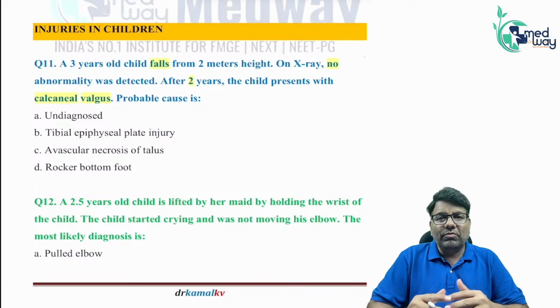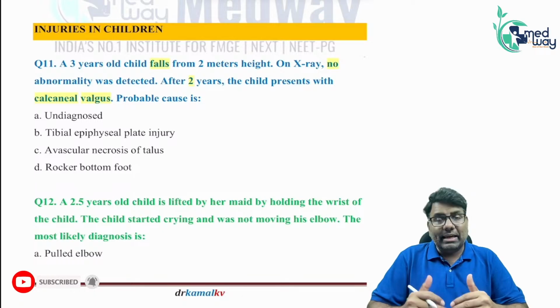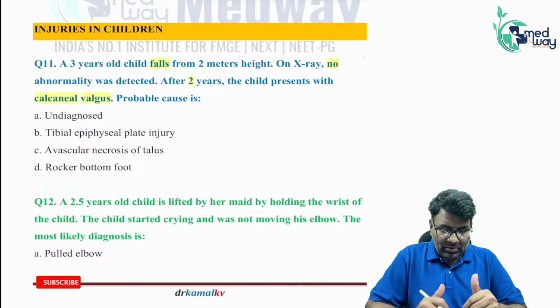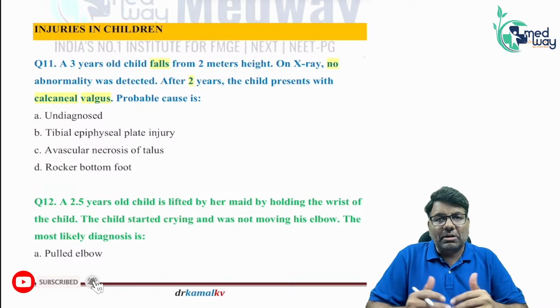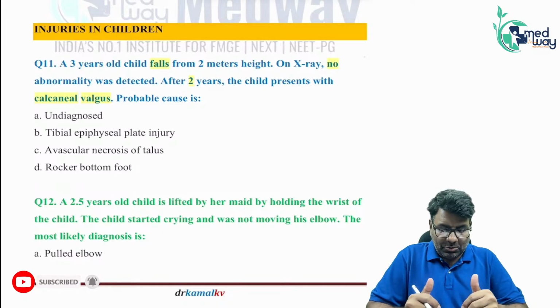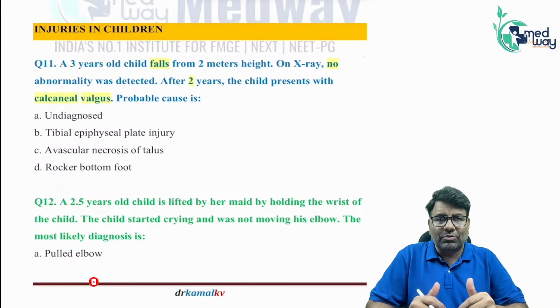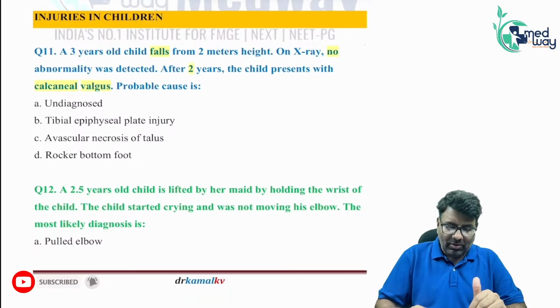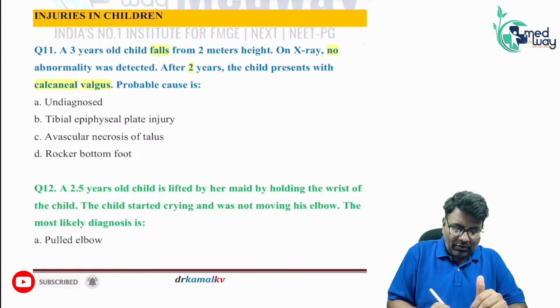Now this is the problem with the physeal injuries, the growth plate injuries. They cannot be seen on the X-ray, especially if it is not associated with any fracture. So maybe in this case there is compression of the growth plate, especially on the lateral side, so that the medial side continued to grow, and that resulted in calcaneovalgus deformity. Right? So it is because of the tibial physeal plate injury.